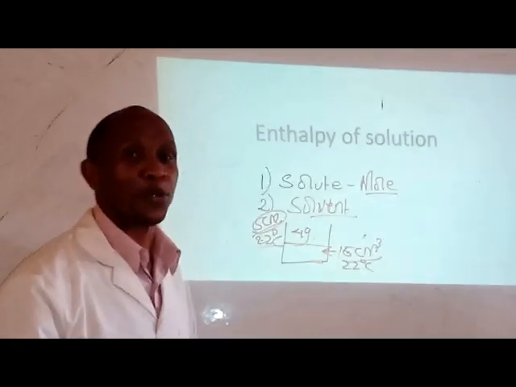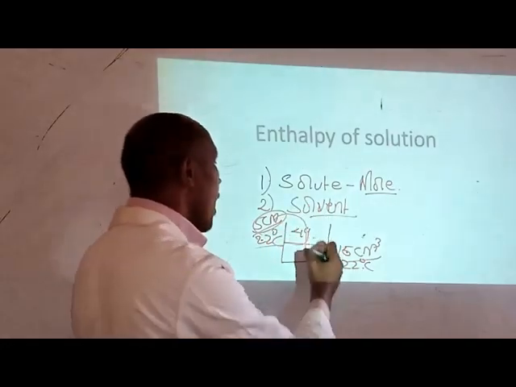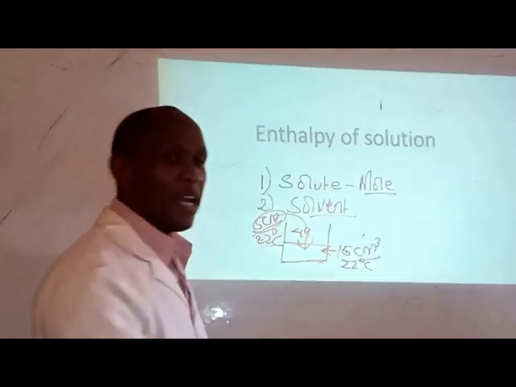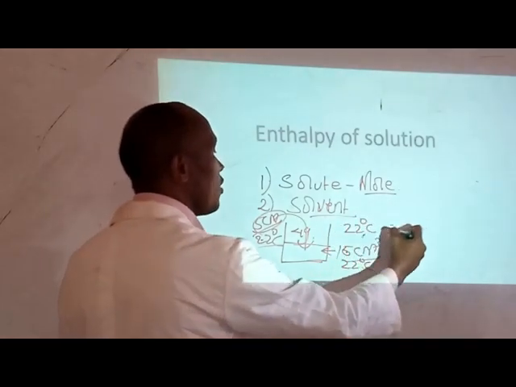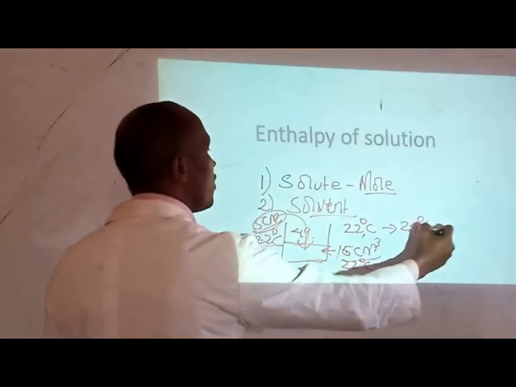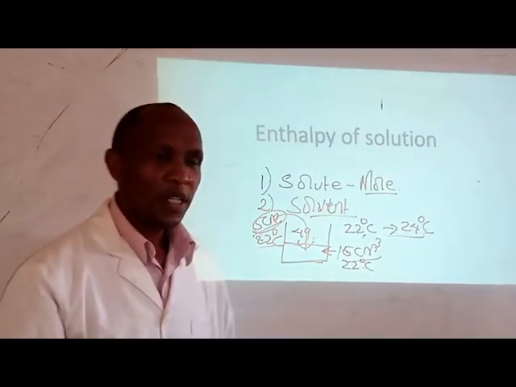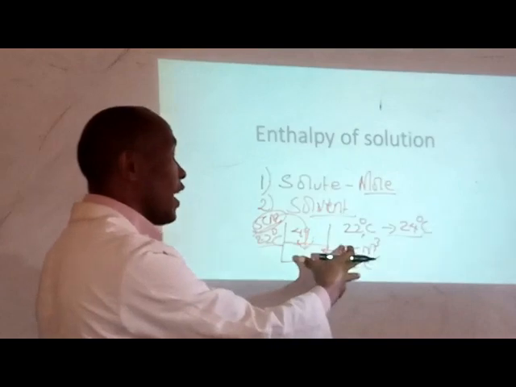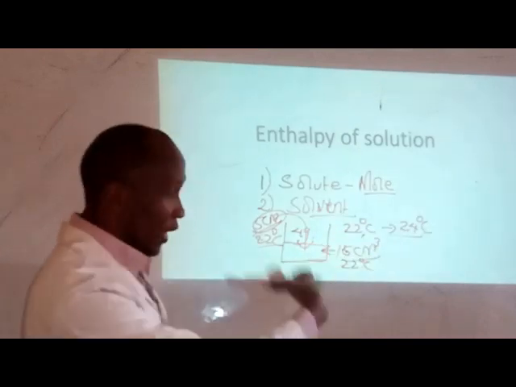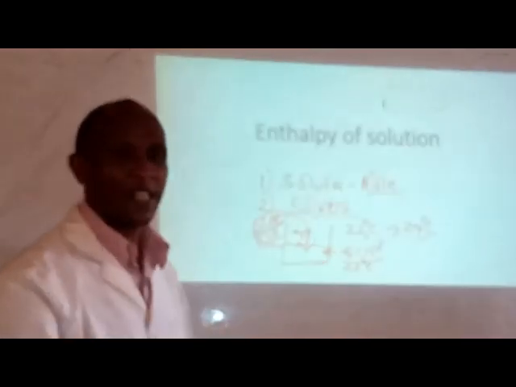But to my shock, there was a further rise in temperature. In fact, my solution rose from 22 degrees Celsius to 24 degrees Celsius. And maybe if I continued, allowed that to cool again to 22 and added water, I would get a further rise in temperature.